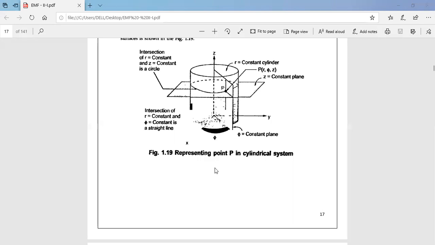Suppose somebody says a volume of charge is defined by R from the origin to some value, phi from the origin to some degree, and Z from the origin to some value. What's the total charge?